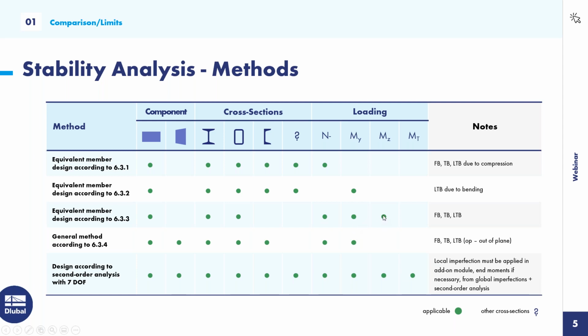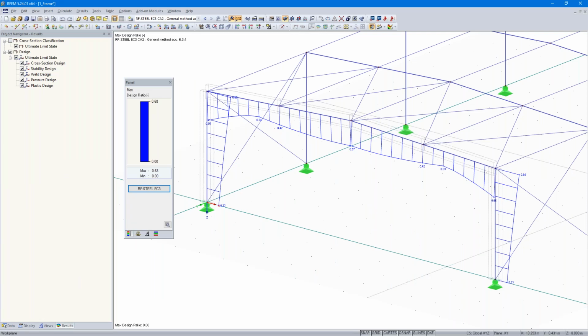And if we add horizontal loads, in that case we get bending about the weak axis, and only the equivalent member design is applicable. That's what we do now.